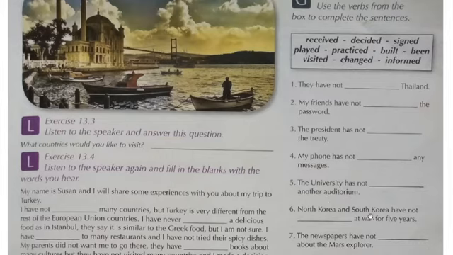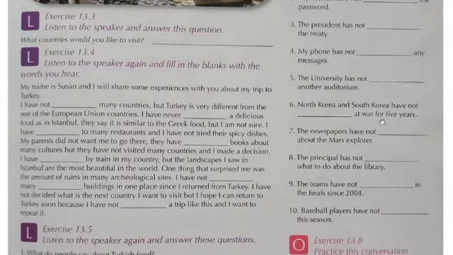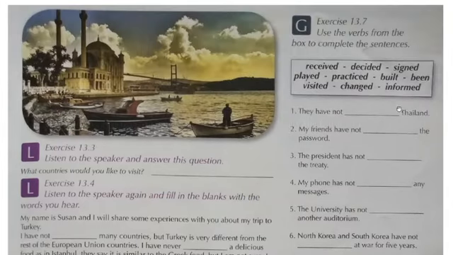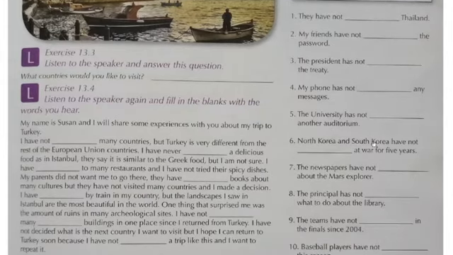North Korea and South Korea haven't at work for 5 years, and the newspapers haven't about the Mars explorer. The principal hasn't what to do about the library. The team haven't in the final since 2004, and the baseball players haven't this season. Okay, please check the verbs and complete the sentences with the verb, just the verb on the line.